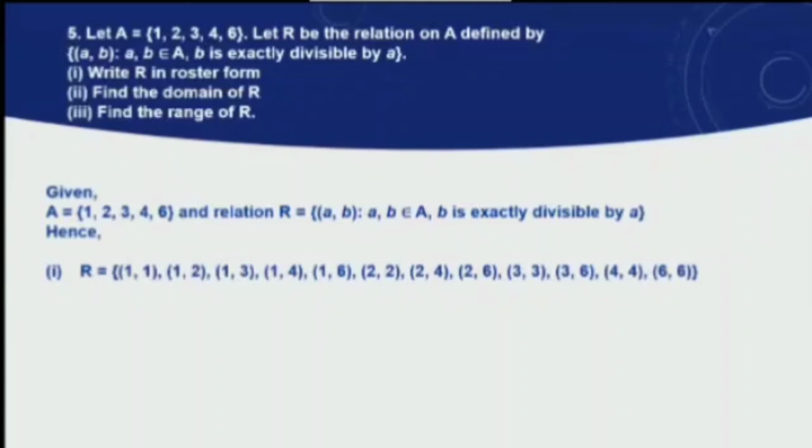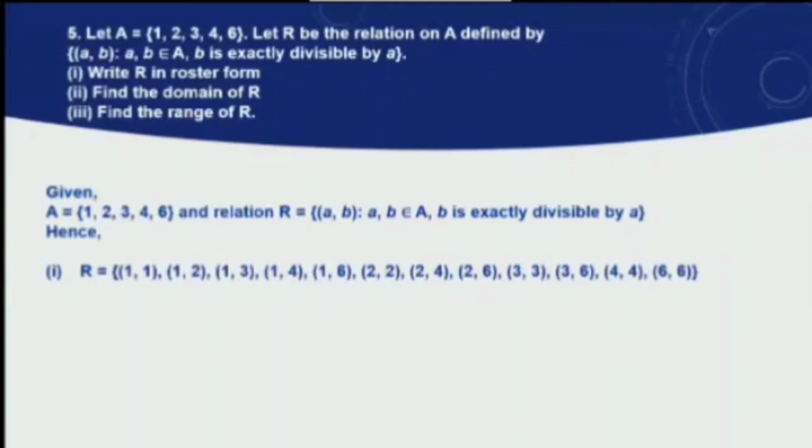So 2 is divisible by 1, 3 also divisible by 1, 4 also divisible by 1, 6 also divisible by 1. And if you take 2, 2 is divisible by 2, and 4 is divisible by 2, 6 also divisible by 2. In the ordered pair, the second element should be divisible by the first.